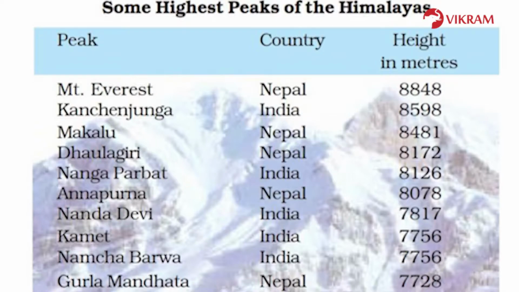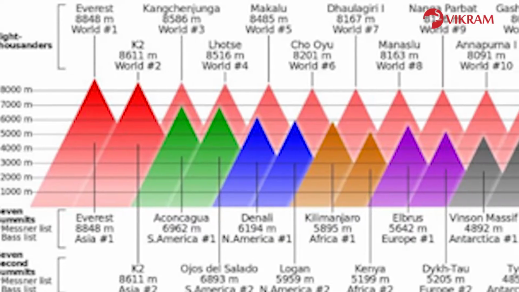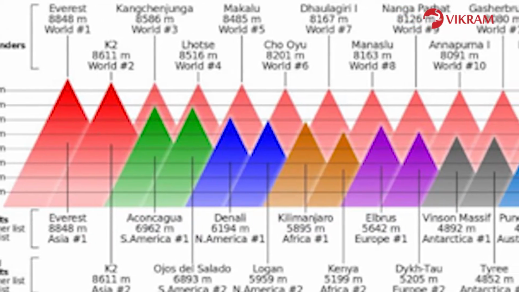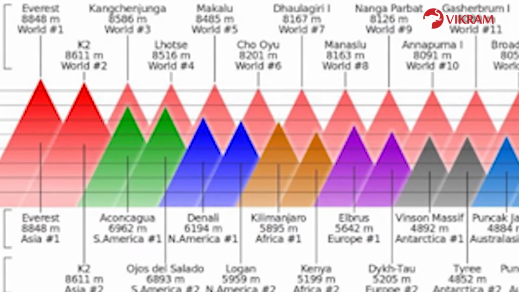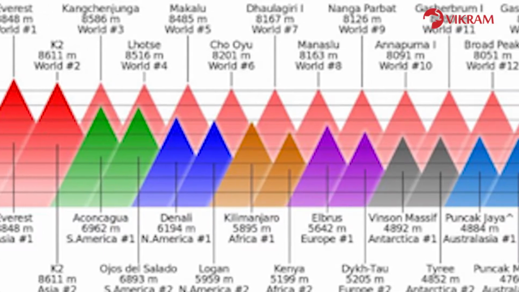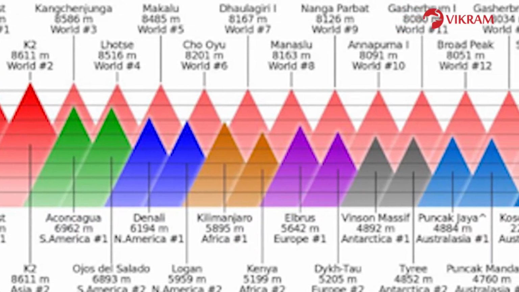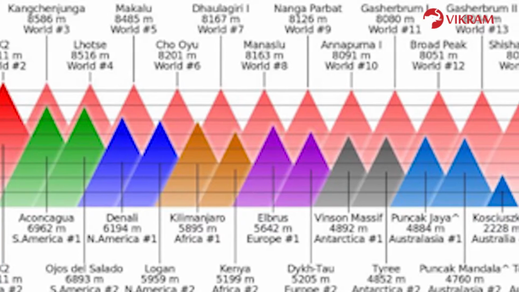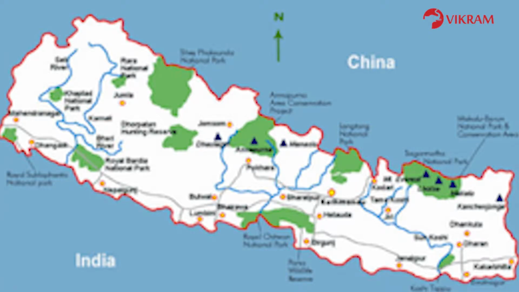So the second part of it. The other peaks in this region are the Kanchenjunga, the Makalu, the Dhaulagiri, Manaslu, Cho Oyu, Nanga Parbat, Annapurna, Nanda Devi and Namcha Barwa. The Himadri range is formidable.